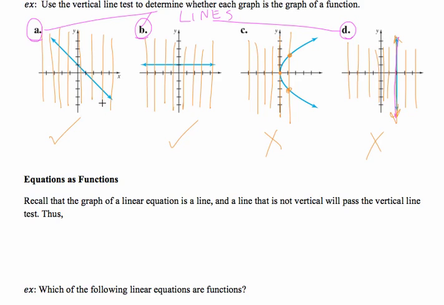There's no way the vertical line can touch more than 1 point at a time. So the graph of a linear equation is a line, and a line that is not vertical will pass the vertical line test. So all linear equations are functions except for vertical lines.